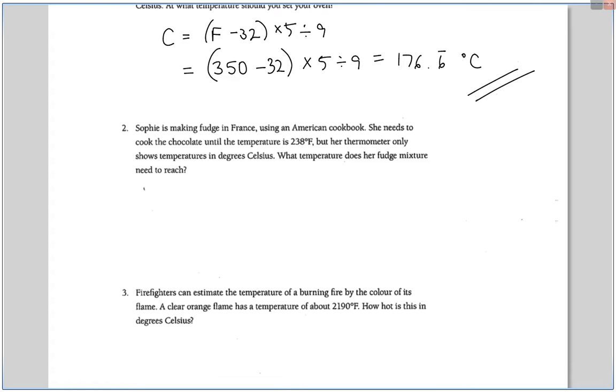Sophie is making fudge. Here they give you Fahrenheit, so they want it in Celsius. So exact same formula. Take away the 32 first, times by 5, divide by 9. This is one of the easiest sections in the blue book that you're working through. This one's 114 degrees Celsius.